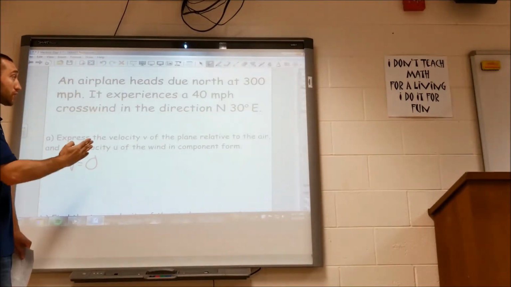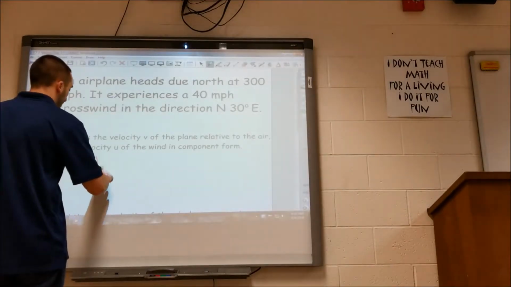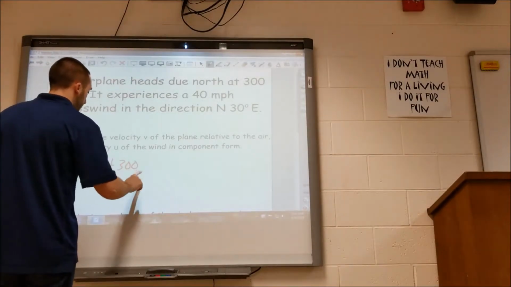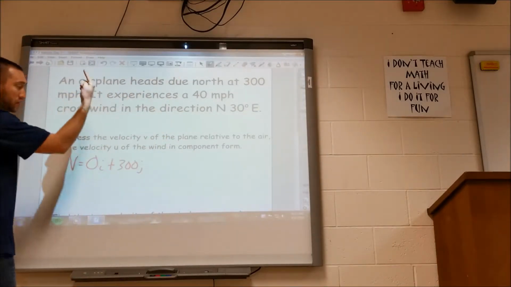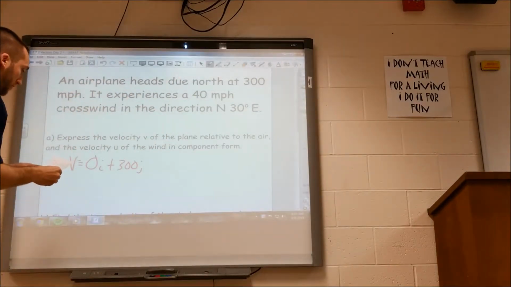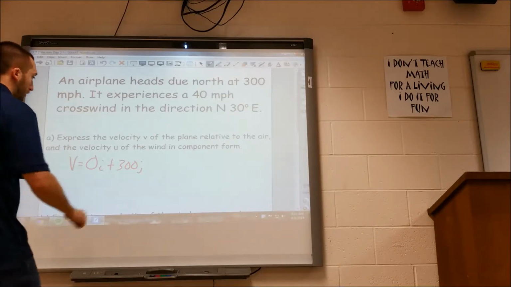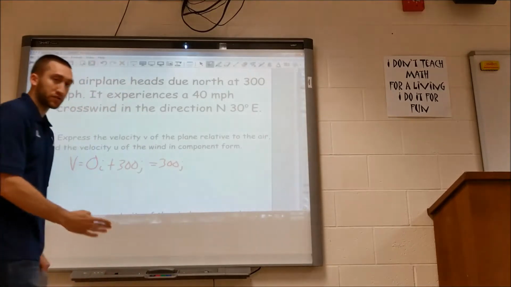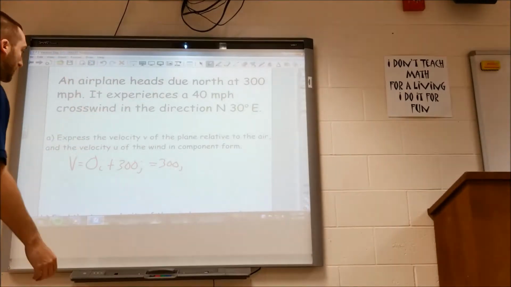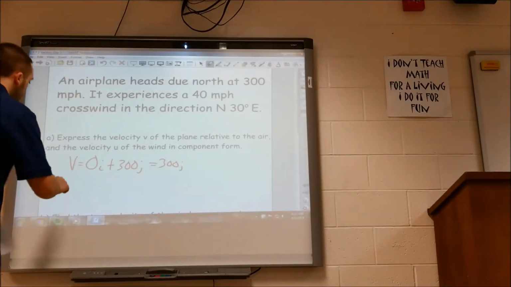We haven't gone left or right. So it's just 0i plus 300j, right? Because it's going due north at 300 miles per hour. So it has a y component of 300. So v is just 300j, strictly 300 in the y value.